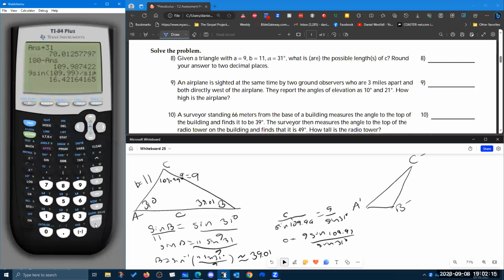And side C is going to be about 16.42. Are we done? We're not sure.